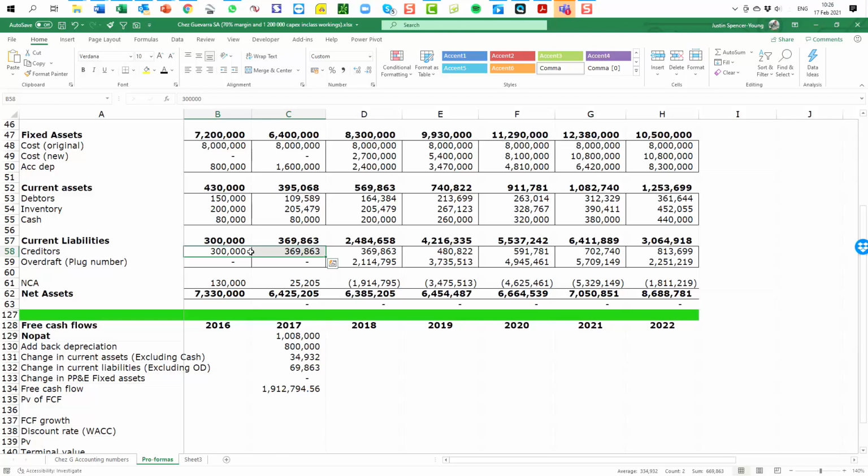Because we are buying more supplies from our suppliers, and therefore we owe them more. This is benefiting us from a cash flow point of view to the tune of 69 odd thousand rand and some change, which is the difference between those two. So that's cash positive.